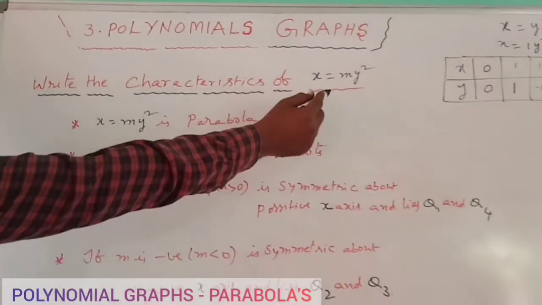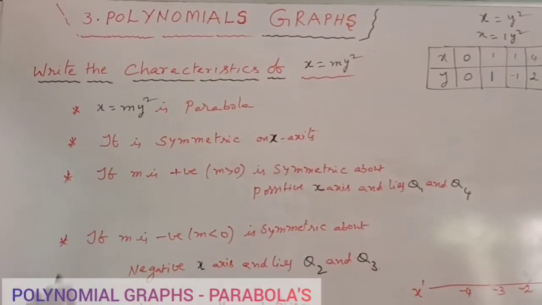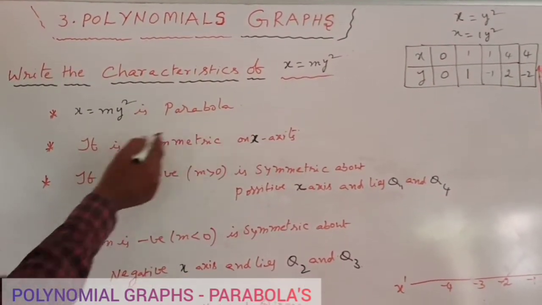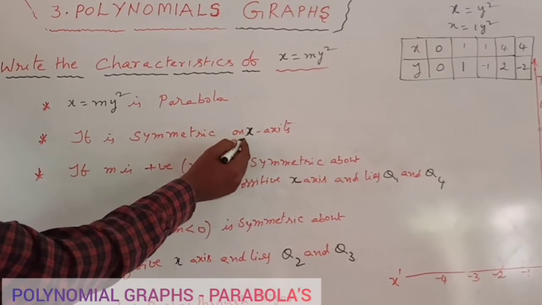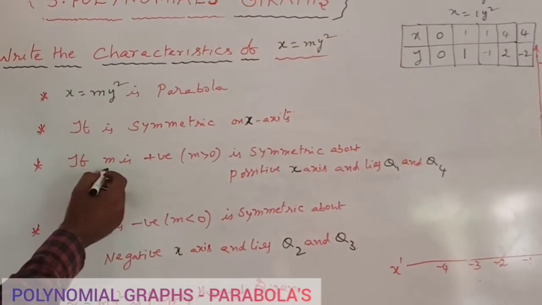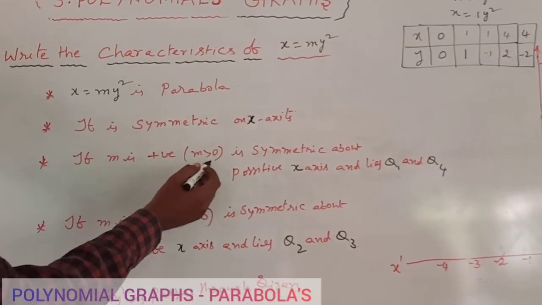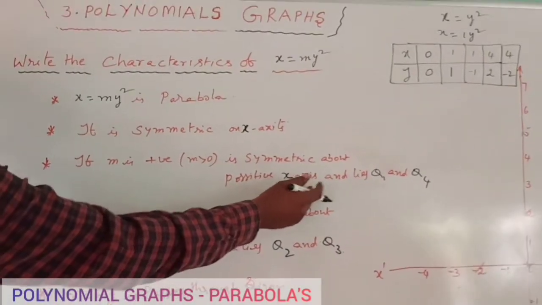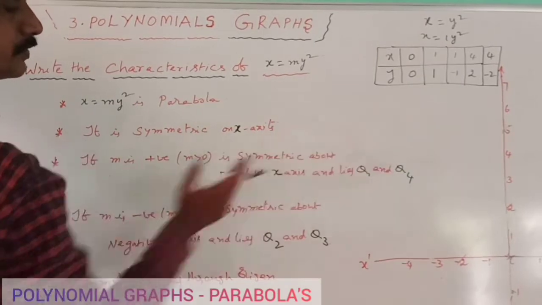The characteristics of x equal to m y square. What is the characteristic of x equal to m y square? X equal to m y square is a parabola. It is symmetric about the x-axis. If m is positive, that means m is greater than 0, it is symmetric about the positive x-axis and it lies in Q1 and Q4.